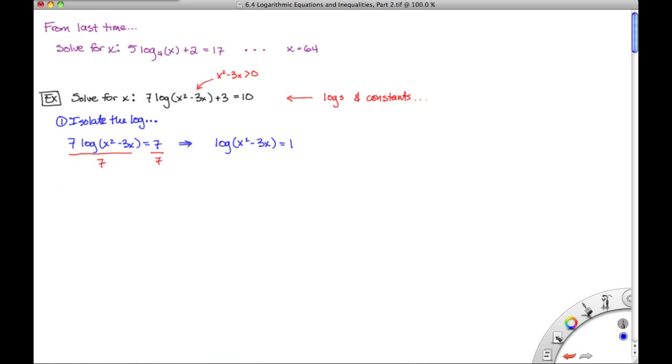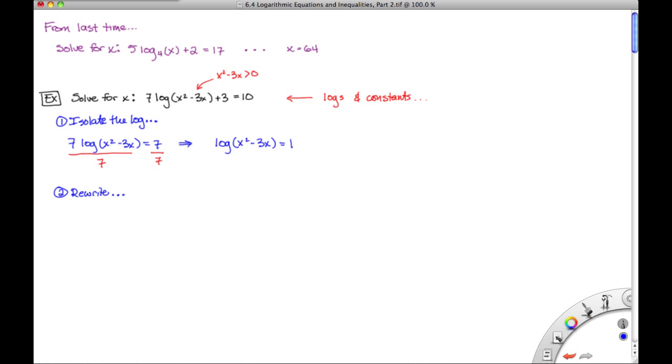So step 2 is, since we've got a log and a constant, we're going to try to rewrite this as an exponential expression. So we will rewrite this equation.